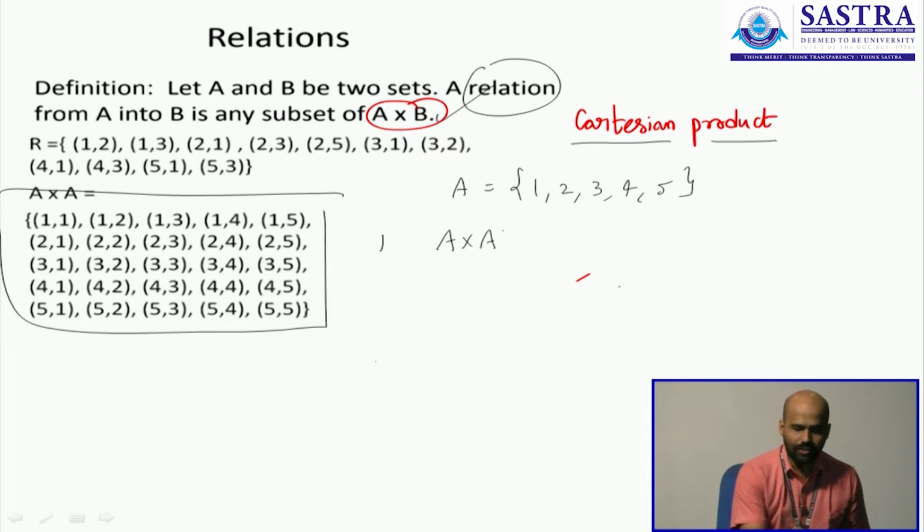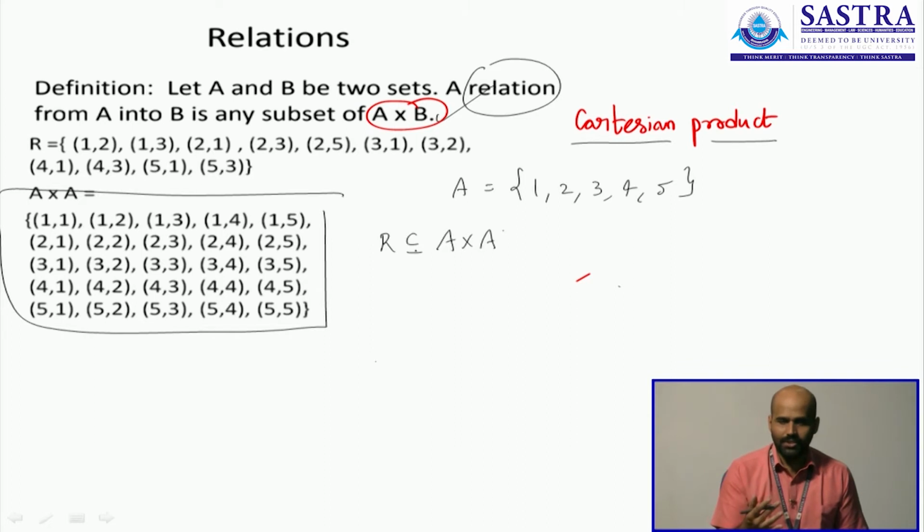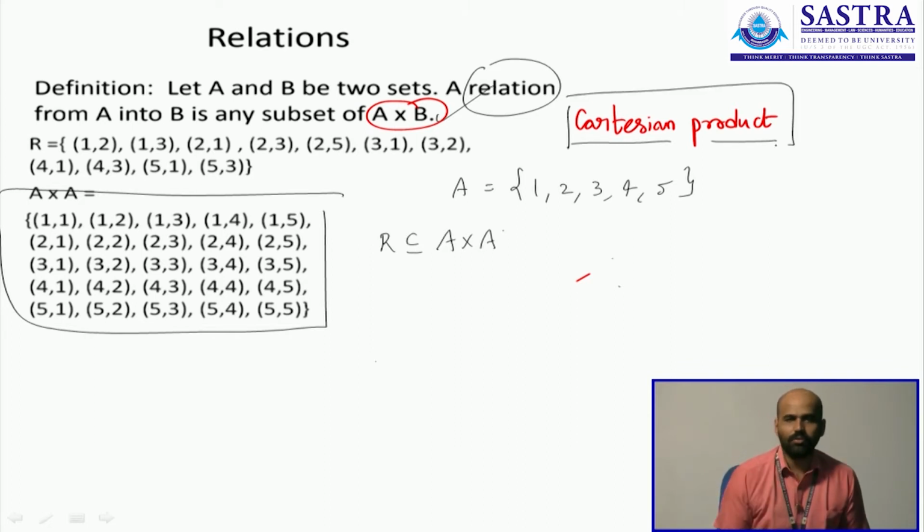A relation is a subset of a large set, and the large set is actually the Cartesian product of the two sets involved. However, in this example we have both sets of the same kind. It's A and A. So the Cartesian product of A with A will have 25 ordered pairs as listed here, and as a relation we are looking at a subset of this superset.